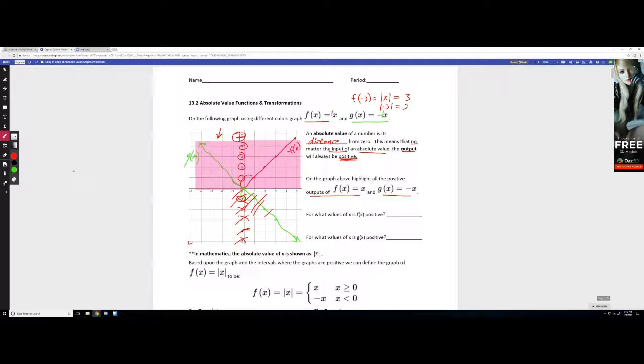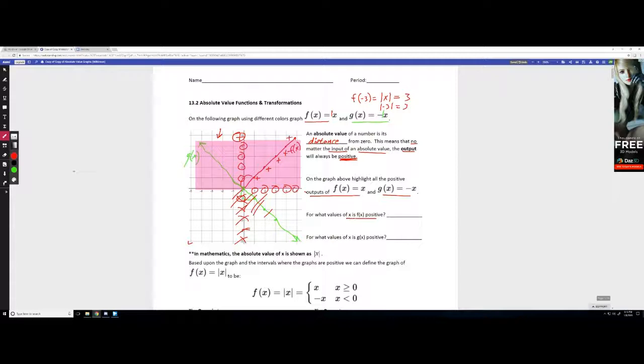Now, for what values of x is f of x positive? f of x was the red one. If we plugged in 1, we got a positive output at 1, right? So x equals 1. 2, right? We get a positive output there. 3, positive. 4, positive. 5, positive.